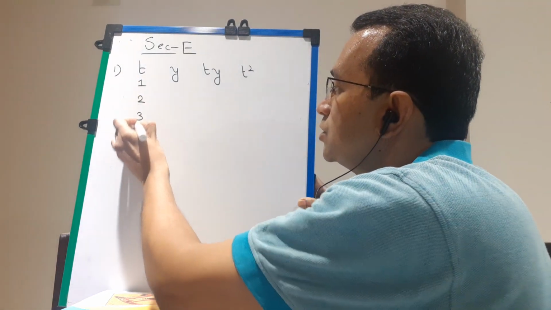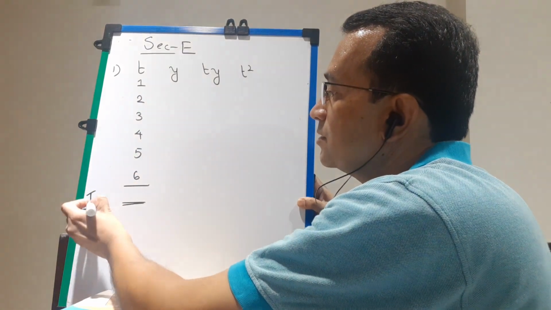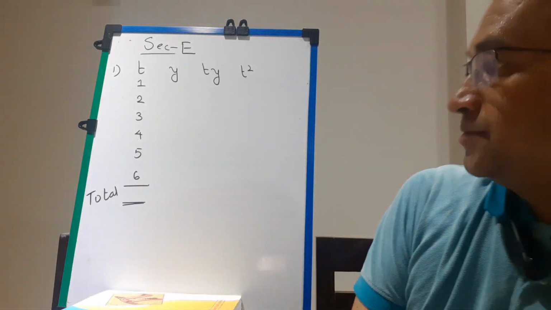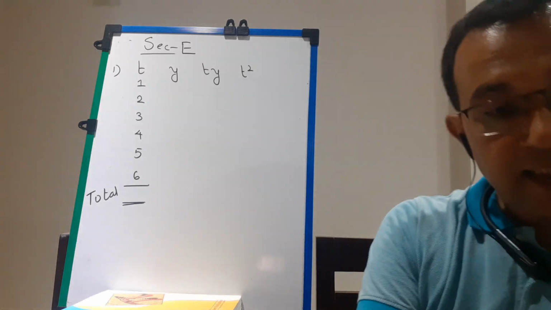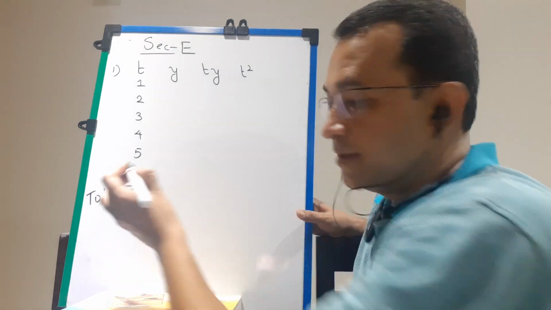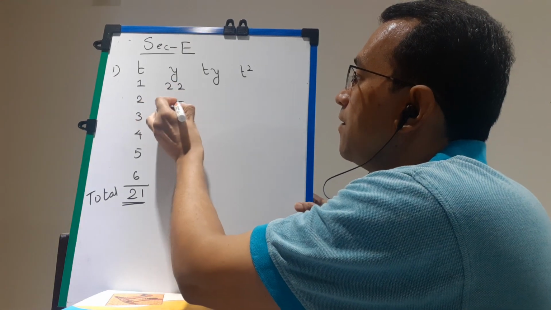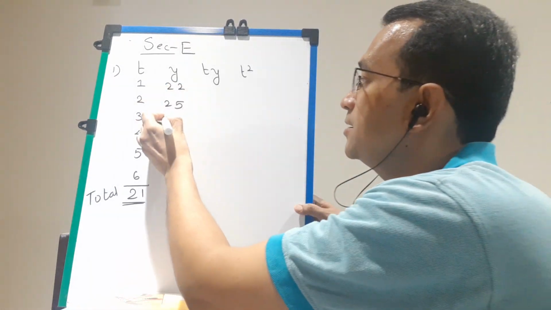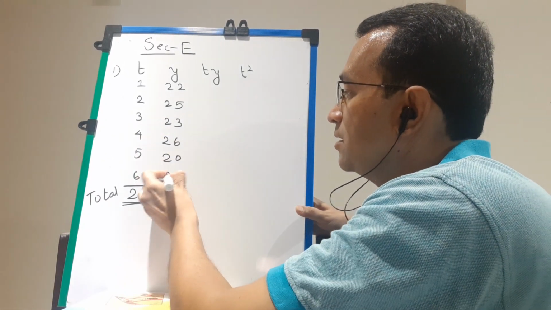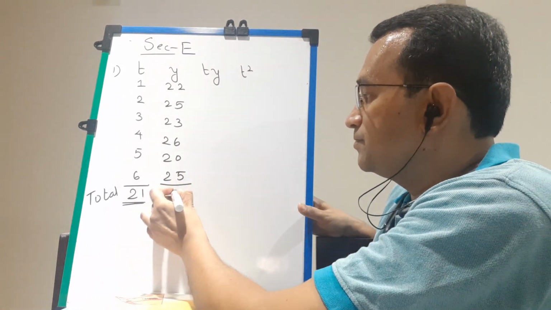T values are 1, 2, 3, 4, 5 and 6. Total, students, let us check the total of this is 21. Then the values of y are 22, 25, 23, 26, 20 and 25, and this total is 141.